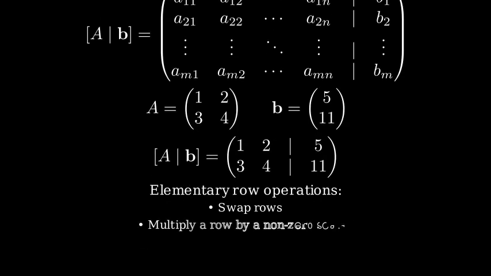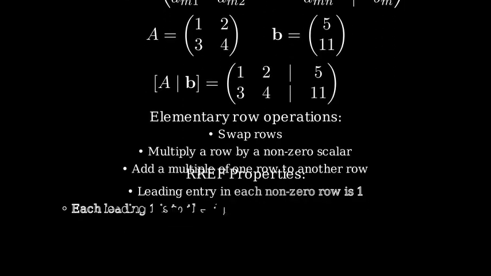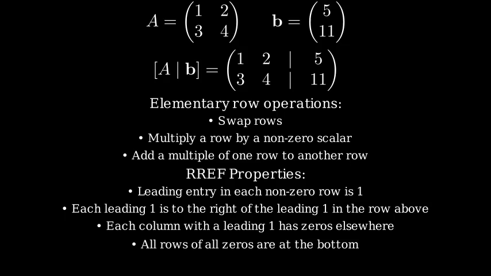We use elementary row operations: swapping rows, multiplying a row by a non-zero scalar, and adding a multiple of one row to another row. The goal is to get the matrix into RREF, where the leading entry in each non-zero row is 1. Each leading 1 is to the right of the leading 1 in the row above it. Each column containing a leading 1 has zeros elsewhere. All rows of all zeros are at the bottom.